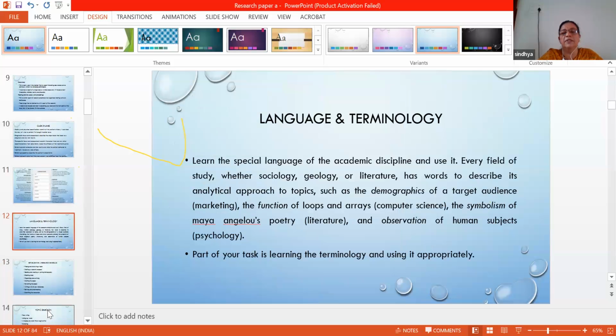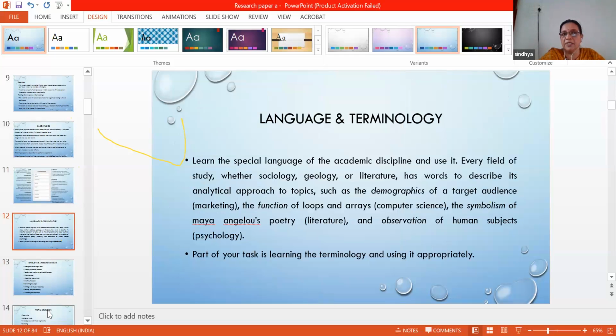Then one thing we have to remember is that every discipline has its own language and terminology. So familiarizing ourselves with the language of our own subject is important in preparing a research paper. For example, when we deal with human subjects, we always use the observation of human subjects.